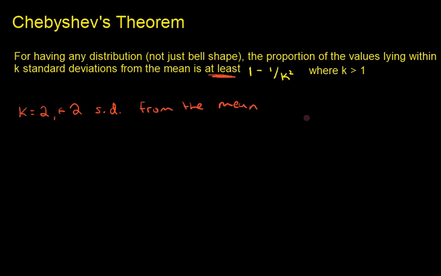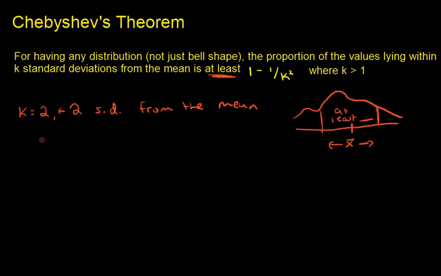Say we have some distribution, and it can look like anything. It doesn't need to be a normal distribution, but say here is the mean, and we've gone 2 standard deviations above and below the mean, and this is at least some percentage. That's what Chebyshev's theorem is going to tell us.